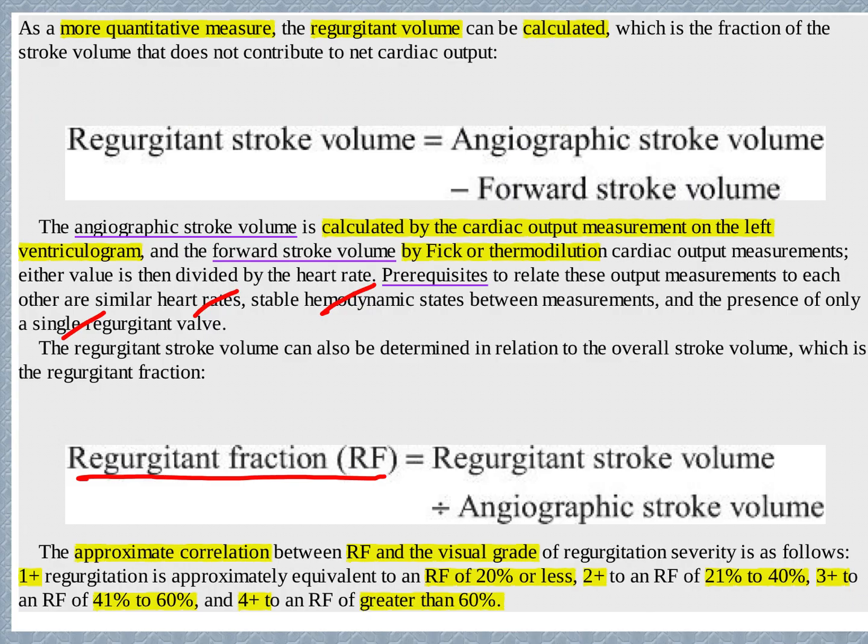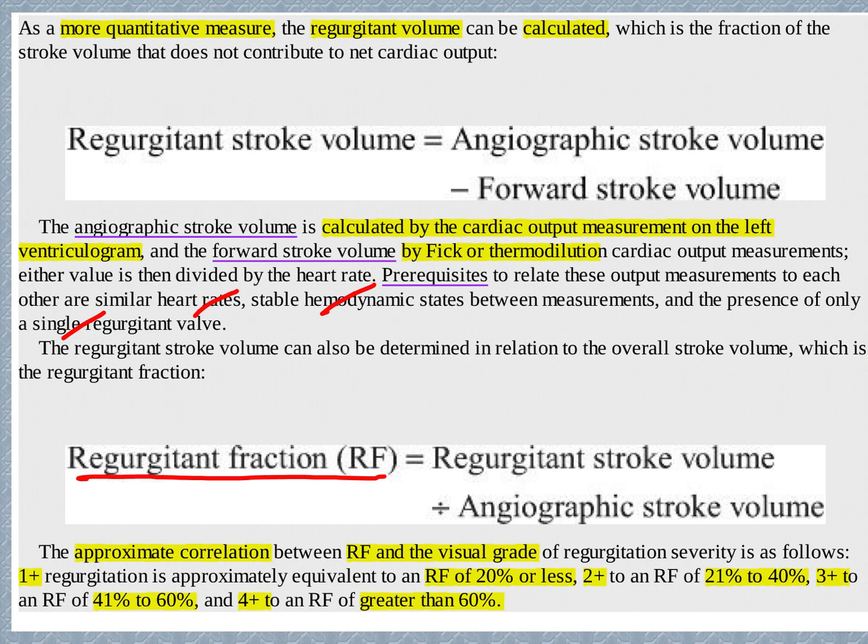As a more quantitative measure, we talked about regurgitant volume. How can you calculate this? Well, you will subtract forward stroke volume from angiographic stroke volume. The angiographic stroke volume is calculated by using the left ventriculogram.